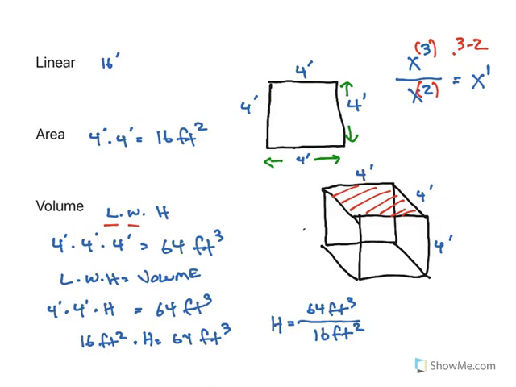So when I divide 64 by 16, I get 4, and I get 4 feet to the first power because I subtracted exponents. And then, of course, 4 feet to the first power is just 4 feet.